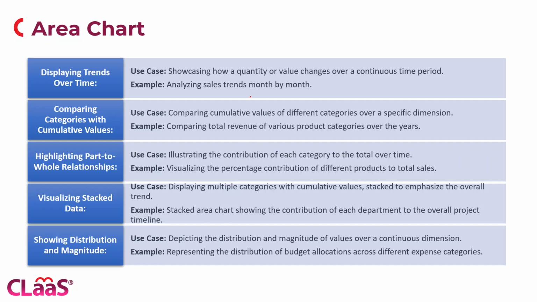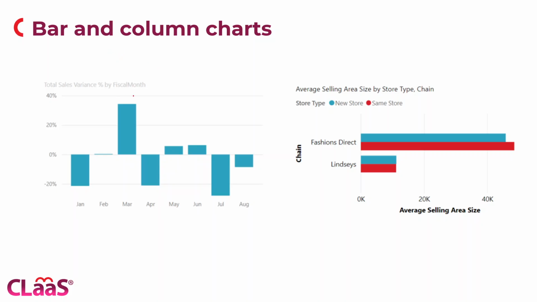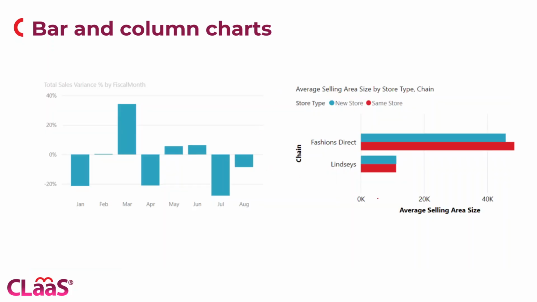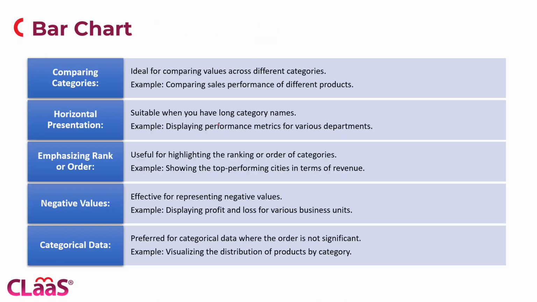Bar and column chart is useful to compare the category, no time series. The horizontal presentation is suitable when you have long category names, and emphasizing rank or order, when you want to sort from the highest to the lowest.